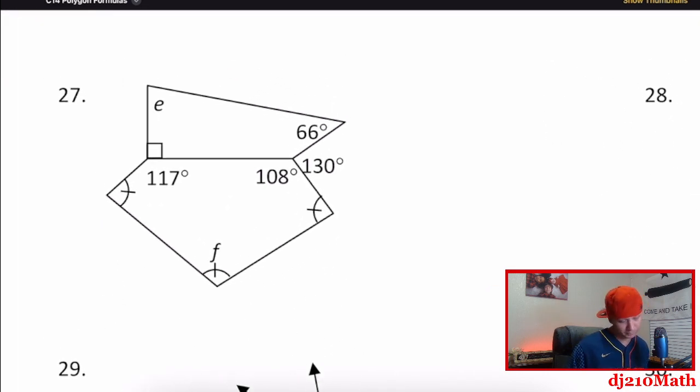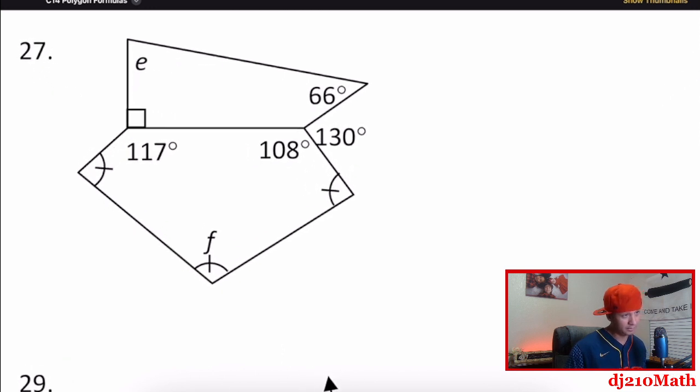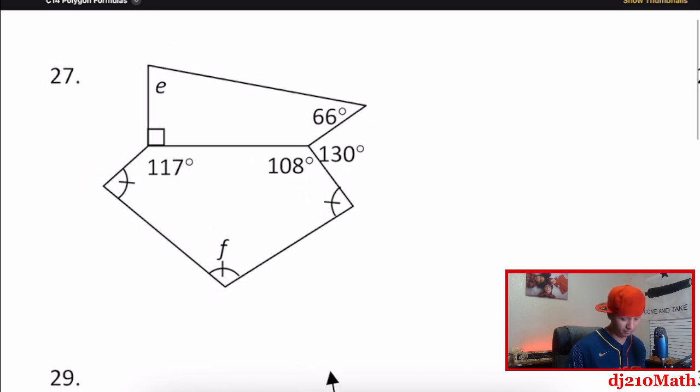Okay, 27 looks fun. So solving for F. 1, 2, 3, 4, 5 sides, so 540. This needs to equal 540. So 117 plus 108 plus 3F, because the F's are all congruent.